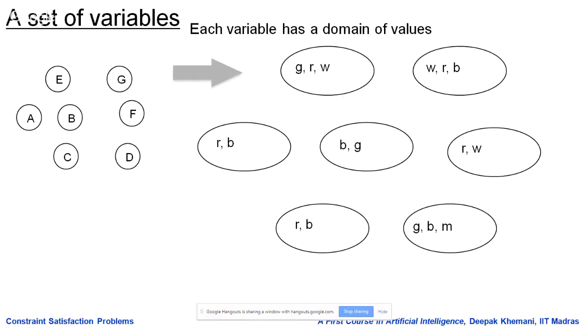In this particular example, the map coloring example, all the values of all the variables are colors, but that is not necessary. You can have, for example, one variable with an alphanumeric value, another variable with a numeric value, and all kinds of things are possible essentially. Then the main task is to assign values to each variable from their domains.